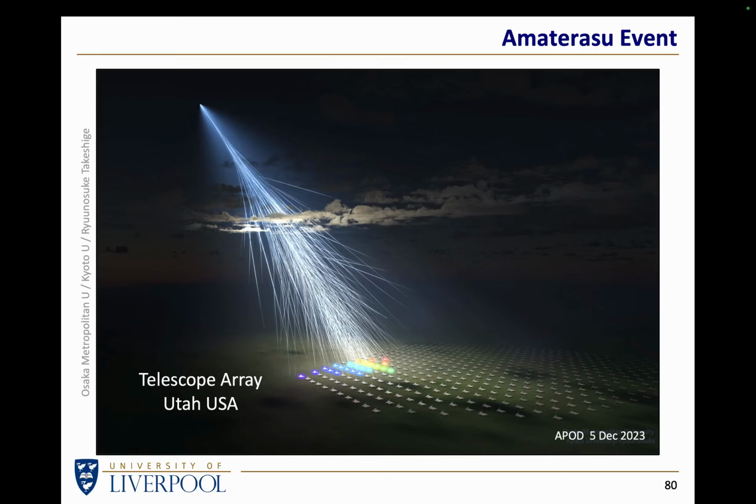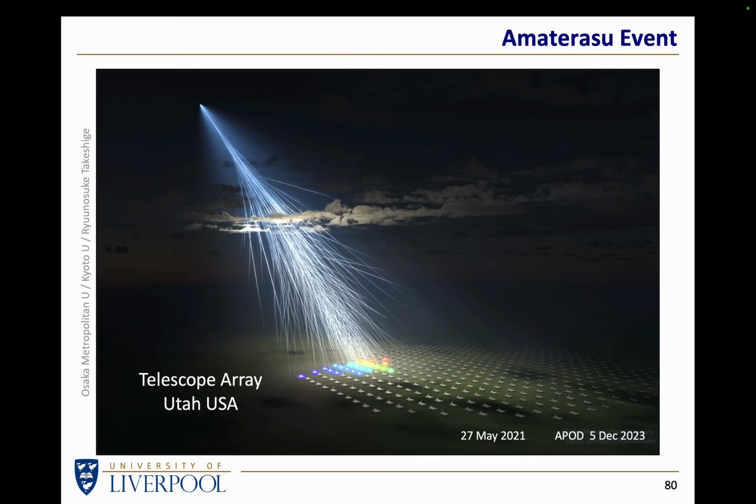This was reported in the Astronomy Picture of the Day a few months ago, based on data they took many months earlier. They deduce from this artist's impression that a very high energy particle came in and produced a lot of secondaries, some of which were recorded by their array here. It was the second most energetic event ever discovered.